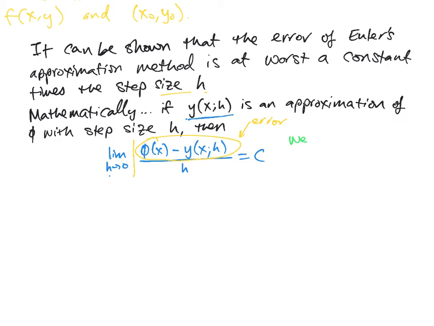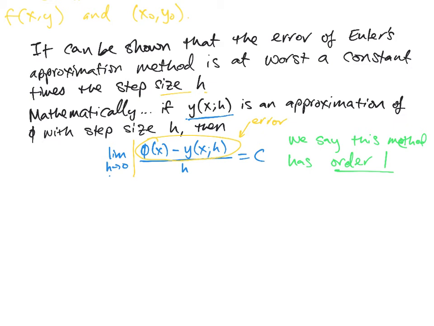And so we say this method has order 1. Okay, so Euler's method is an approximation method of order 1.